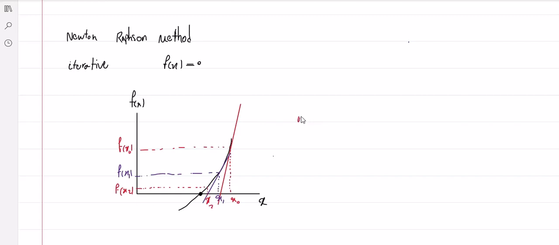We're gonna call the slope m, which would be equal to f prime of x at the given point, which is x0, which would be equal to the ratio of the vertical change to the horizontal change at two given points. On the red line, as you see here, we have these 2 points, where the vertical change would be equal to f of x0 minus 0, and the horizontal change would be x0 minus x1.